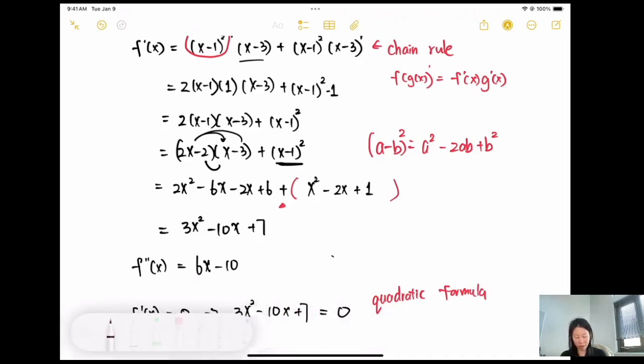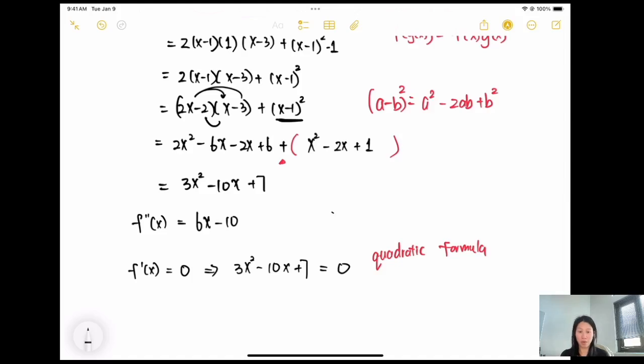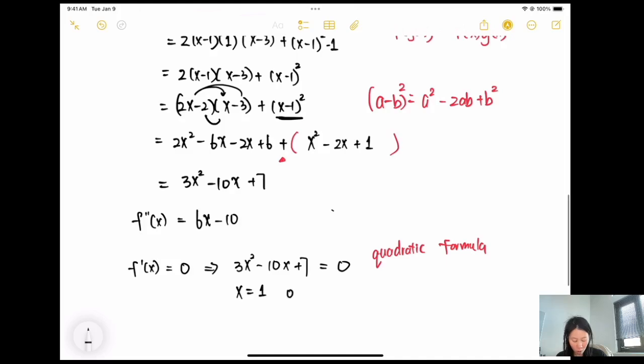I'm going to skip the quadratic formula; you can review it and look up online how to do it. x should equal 1 or x equals 7 over 3. So that means at x equals 1 and x equals 7 over 3, here are our critical points.